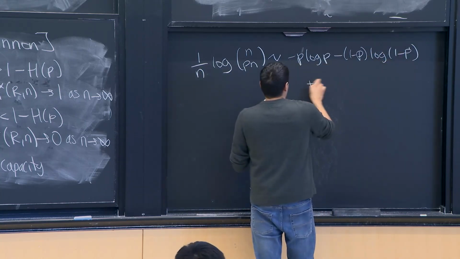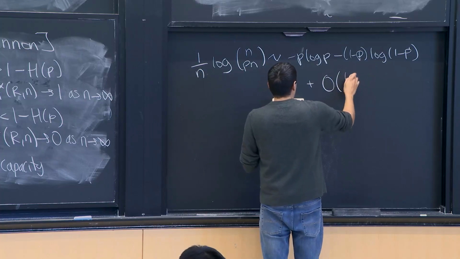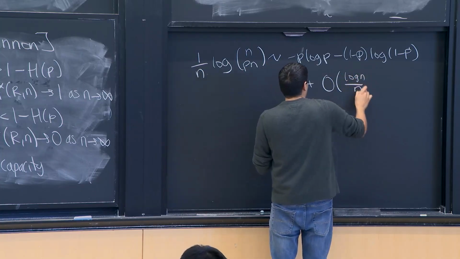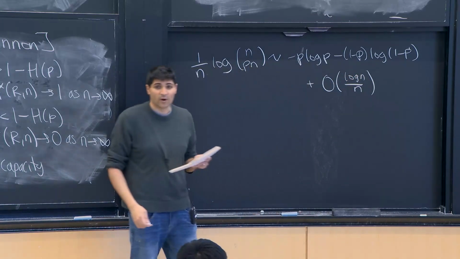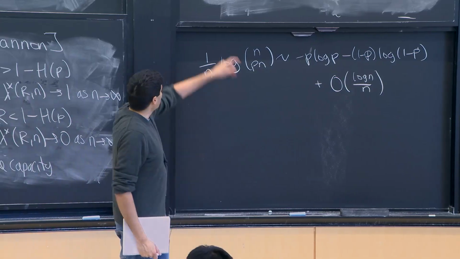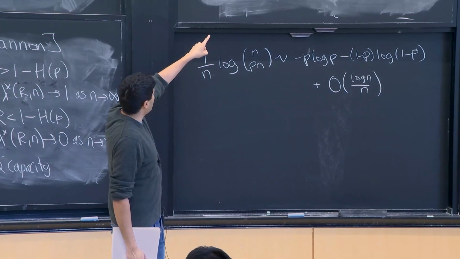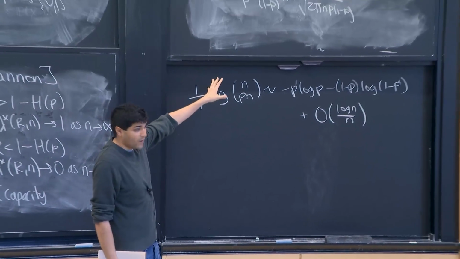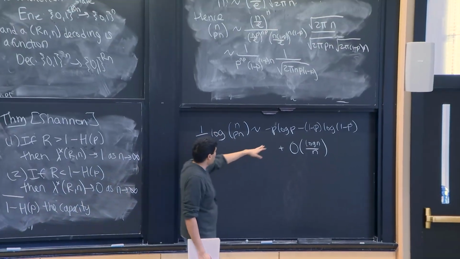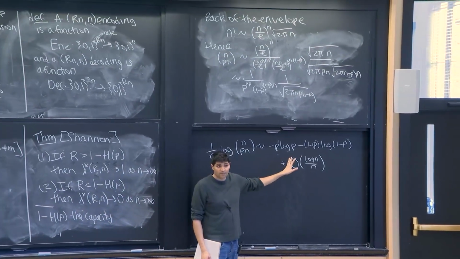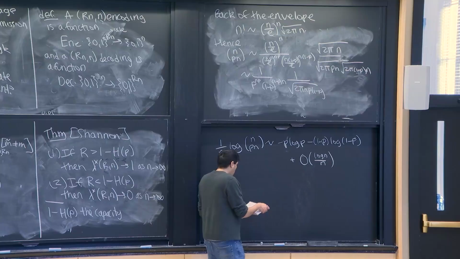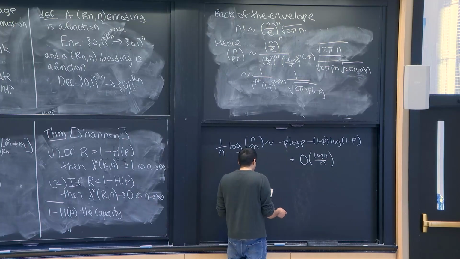And then all the other terms are much smaller order because they behave like log n over n. They're tiny compared to it. So really, all of the terms that don't cancel, when I take their log and divide by n, that's exactly where the binary entropy pops out. And that's why entropy shows up in Shannon's theorem.